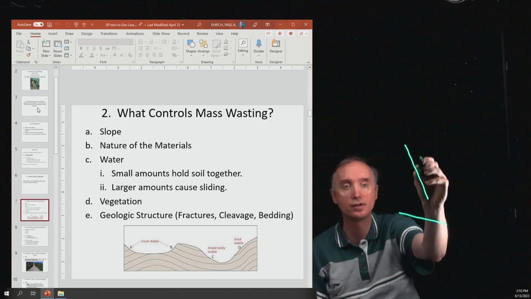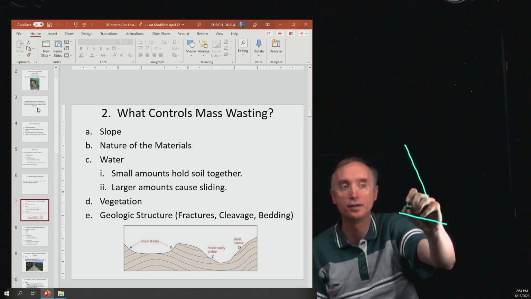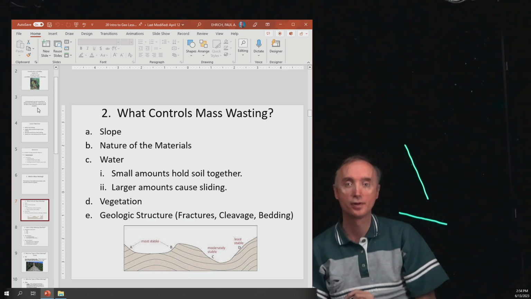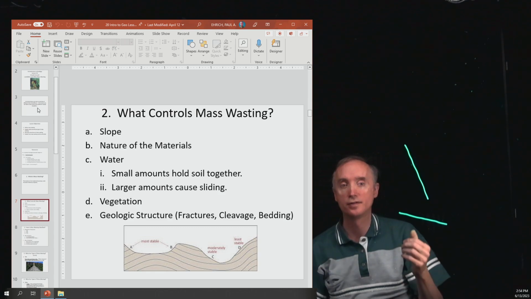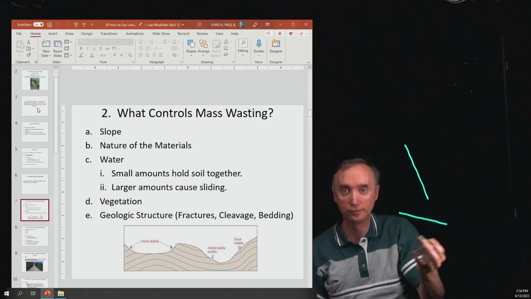Mass wasting is going to be more likely to occur on a steeper slope than a shallow slope. It depends on the nature of the materials. Sand is going to react differently than gravel, which is going to react differently than bedrock.